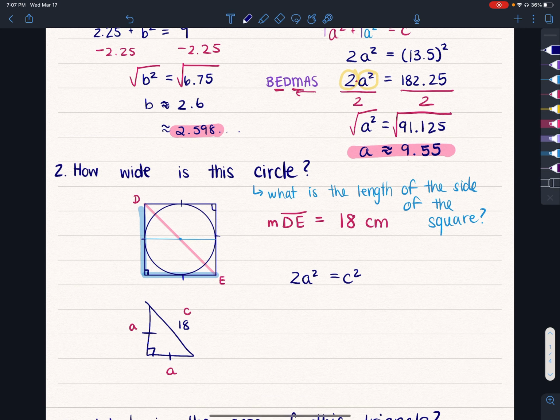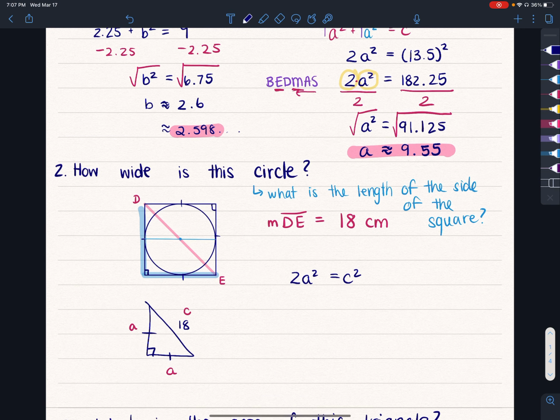So we're looking for that a again. So 2a squared equals 18 squared. So we're going to do exactly the same steps as before. 18 squared, we get 324 equals 2a squared.